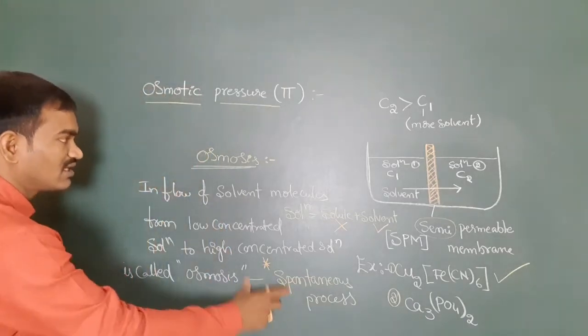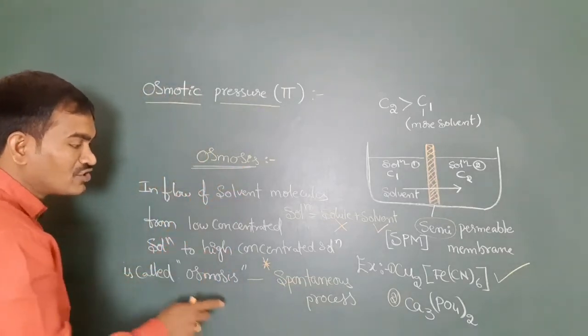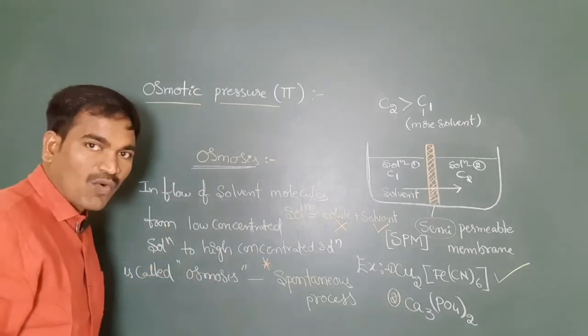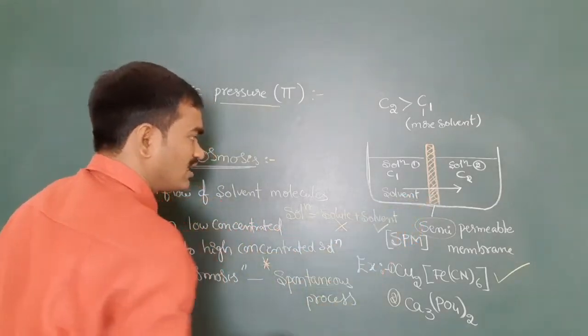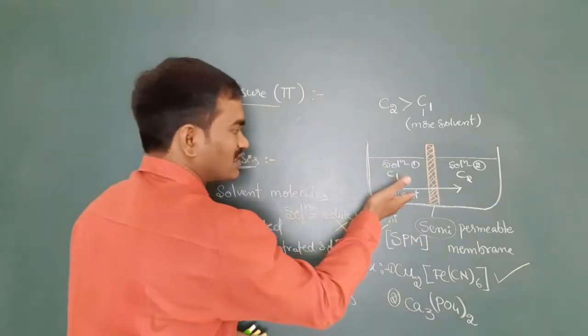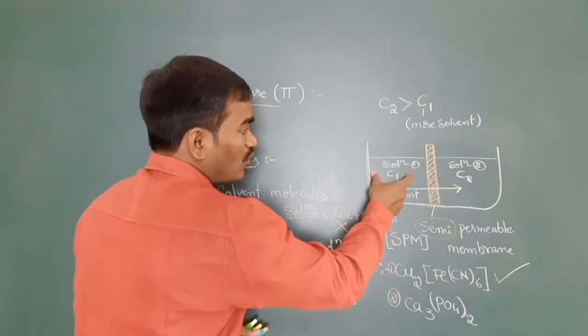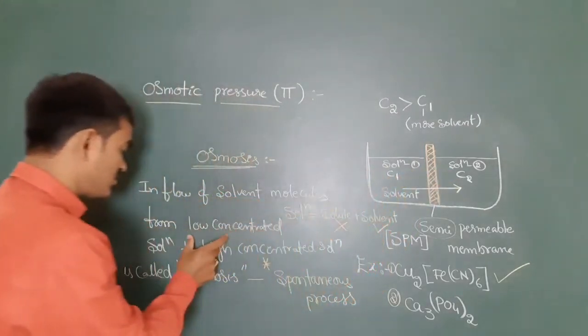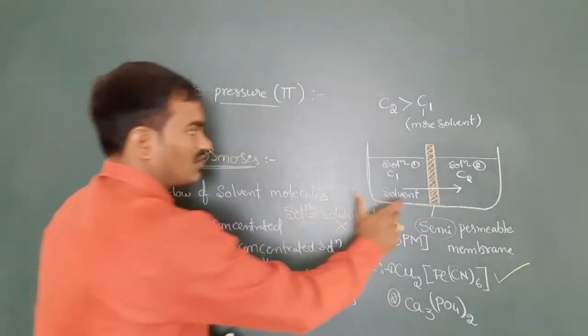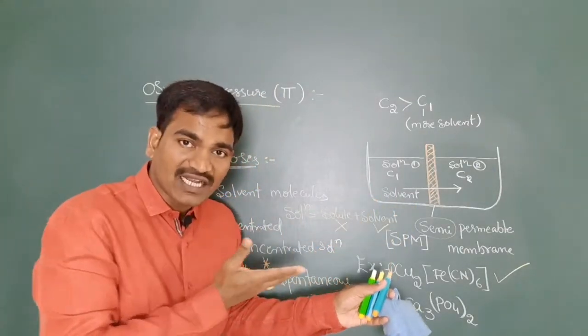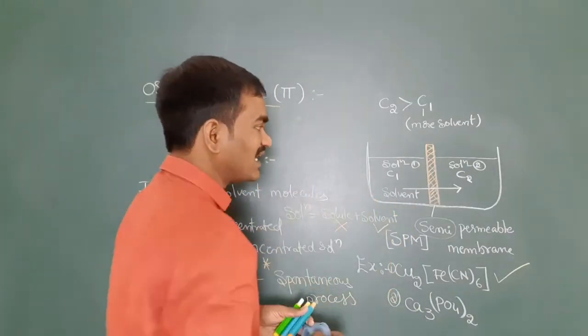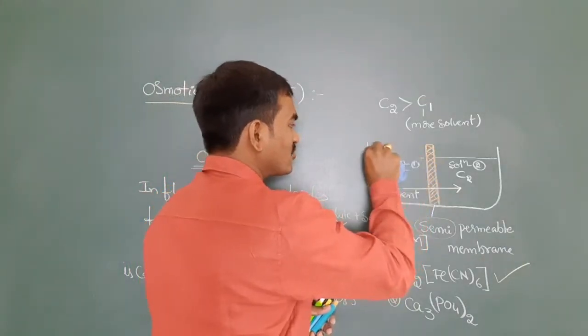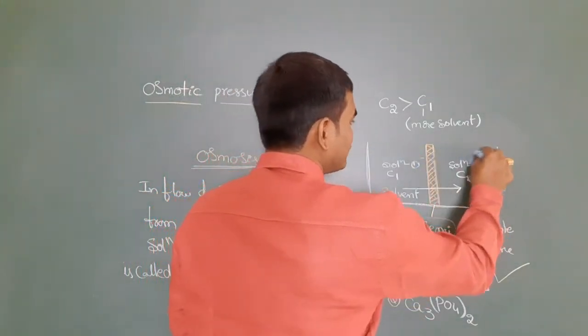So due to osmosis, solvent particles are moving from low concentrated solution to high concentrated solution. Whenever solvent particles are moving, automatically the solution level will change.